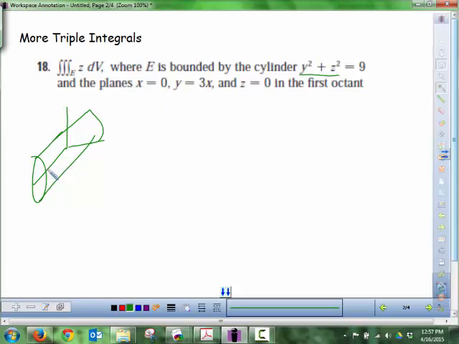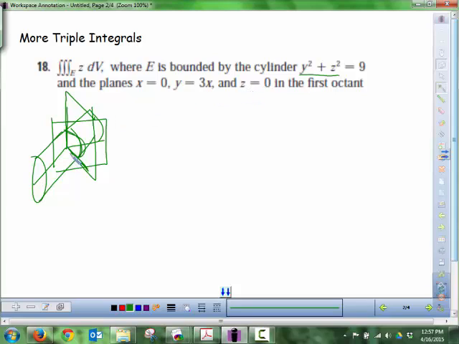The plane x is equal to 0. That's the flat plane in the back. And then y is equal to 3x. Now y is equal to 3x does not have a z in it, so I probably want to look at that on the xy plane. And on the xy plane it might look something like this. So I would imagine that that's just a plane going up, slicing that.